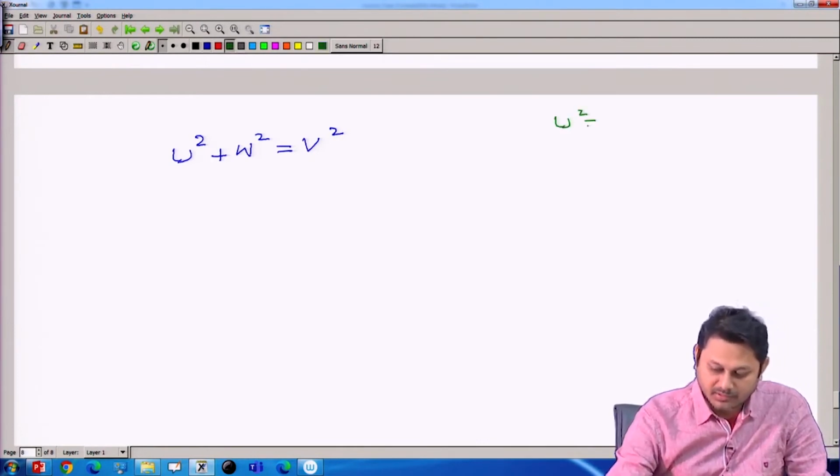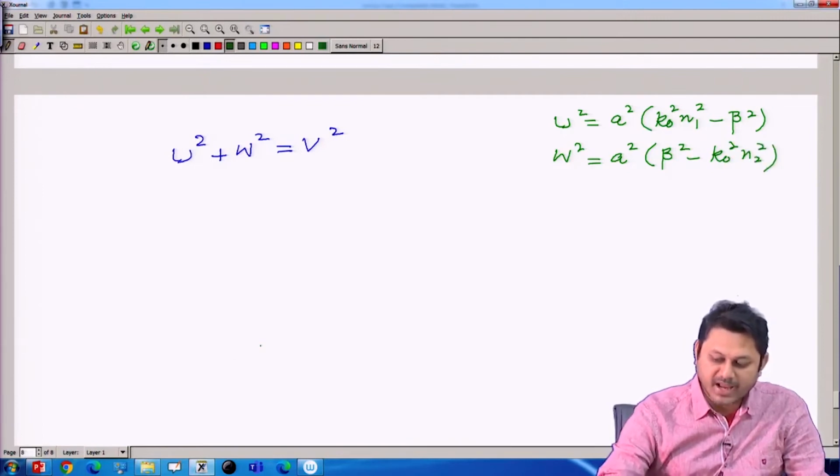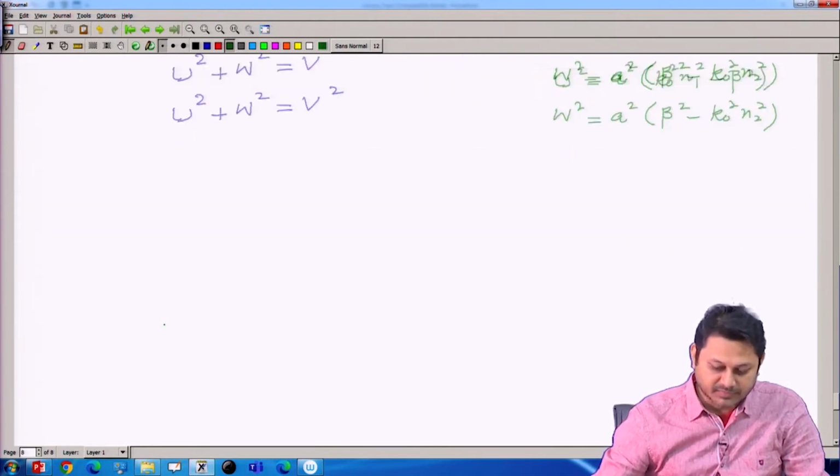U square was a square k 0 square N1 square minus beta square, that was my U square, and my W square was a square beta square minus k 0 square N2 square. So now if I add these two things, you are going to find this V square.